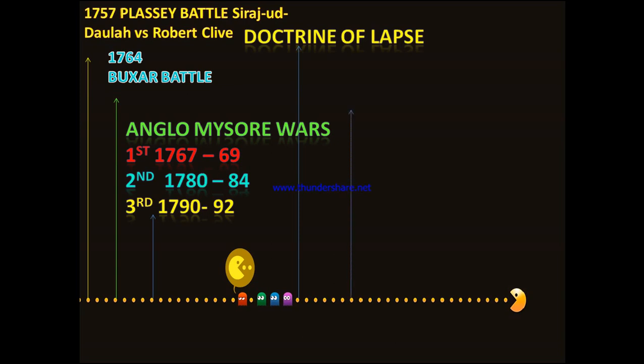Then they followed the policy of the doctrine of lapse, and also one more method, that is the subsidiary alliance. This subsidiary alliance method was introduced by Cornwallis, the Governor General. According to the subsidiary alliance, no Indian ruler had the power to maintain their own armies.